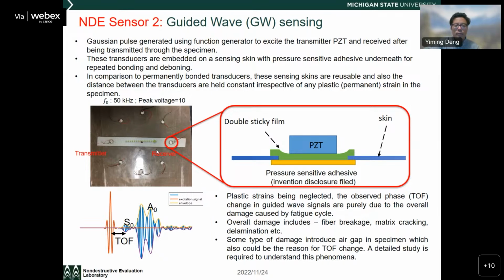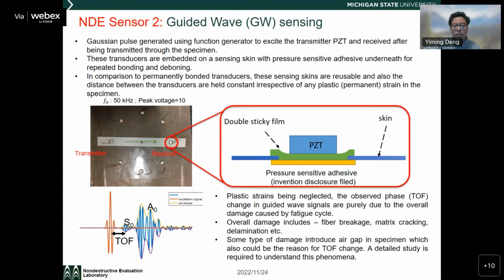Those are PZT patches. The setup here is you have a network of PZT sensors, and you can monitor the guided waves transmitting from one, a transmitter, to another sensor, which is a receiver here.